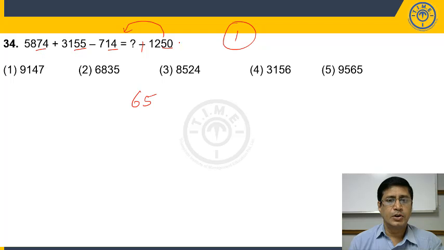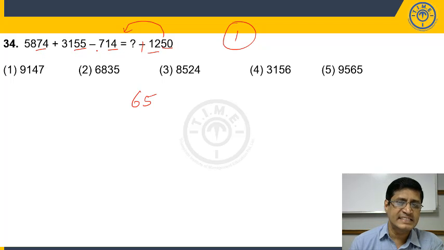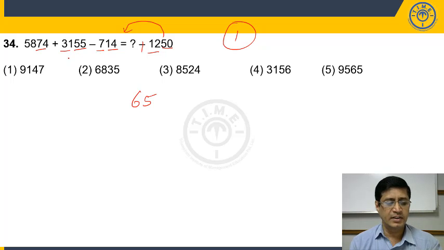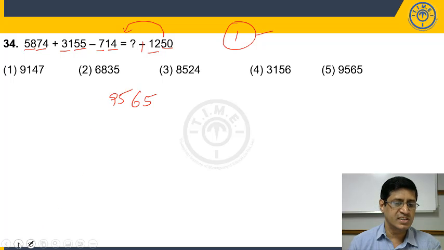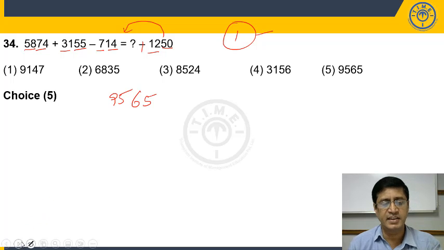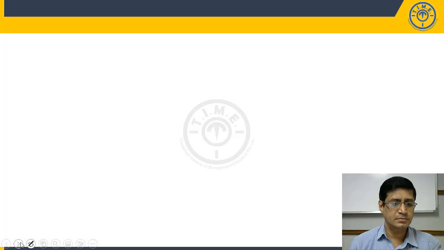Next 12 minus 7. How much is it? 5. 5 plus 31 is 36. 36 plus this value plus 1, that is 95. So what is the result? 9565, option number 5. The fifth choice is the right choice.